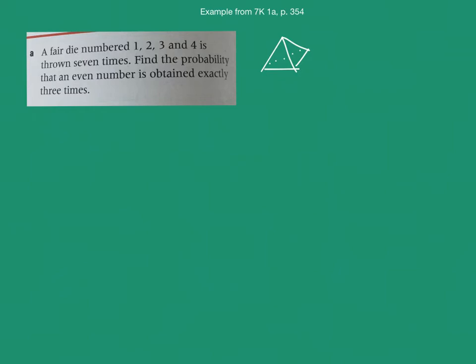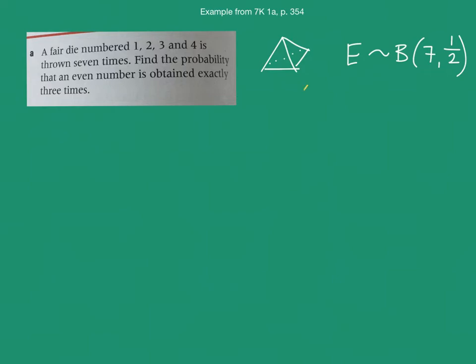So if we're going to model this binomially, let's call this variable E for even. The variable E is distributed binomially with the parameters 7 and 1/2, like this.